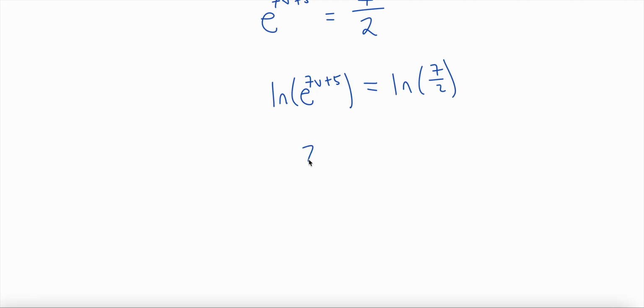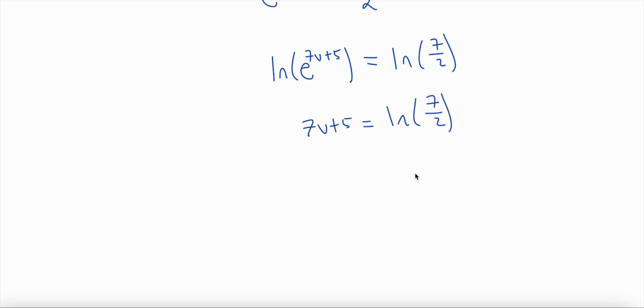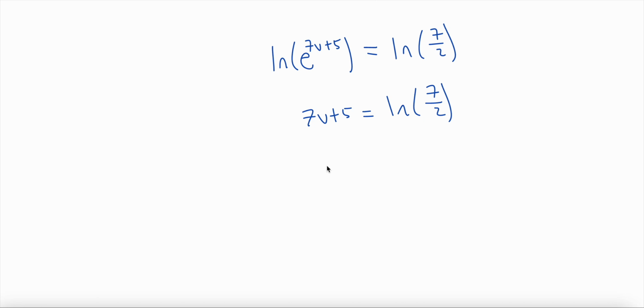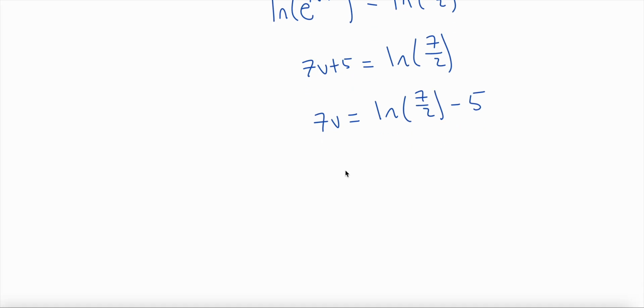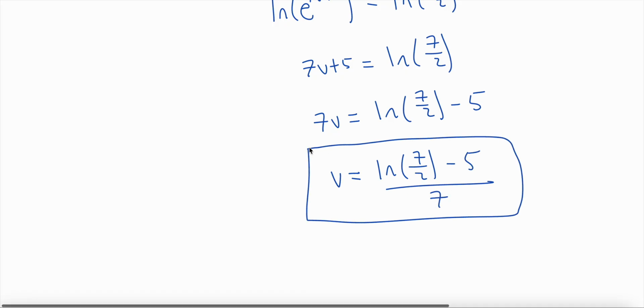So we're just left with 7v plus 5 equals ln of 7 over 2. And now we can subtract 5 from both sides. So 7v equals ln of 7 over 2 minus 5. And then we want to divide both sides by 7. So we have ln of 7 over 2 minus 5, all over 7. And that's going to be our final answer for that one.